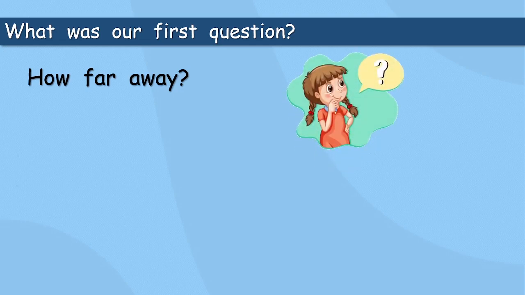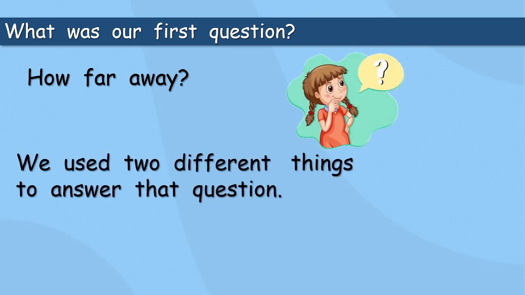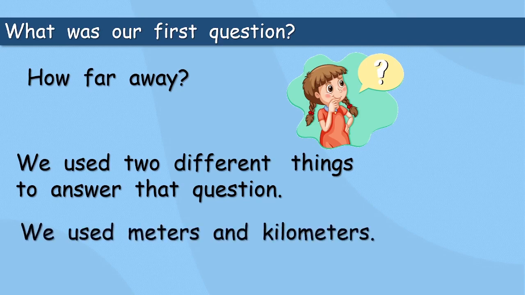What was our first question? How far away? We used two different things to answer that question. Things that we use every day. We used meters and kilometers. Let's ask the question.